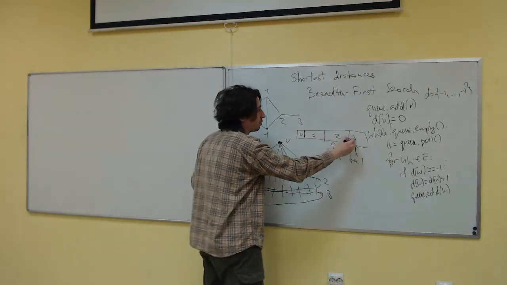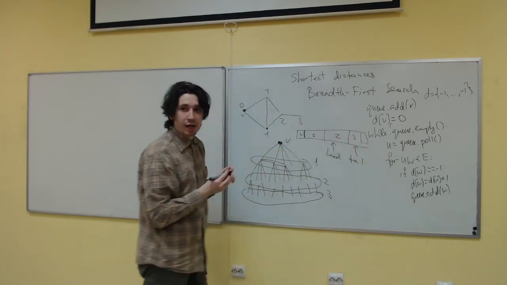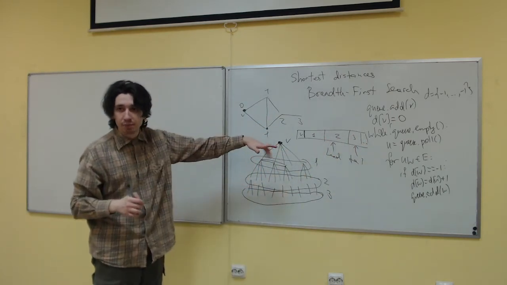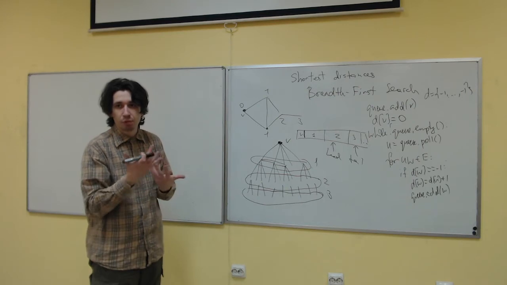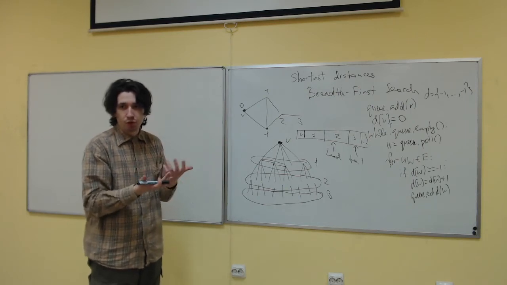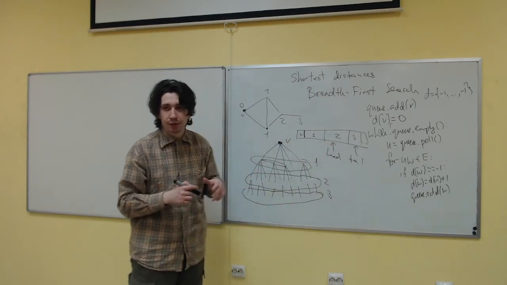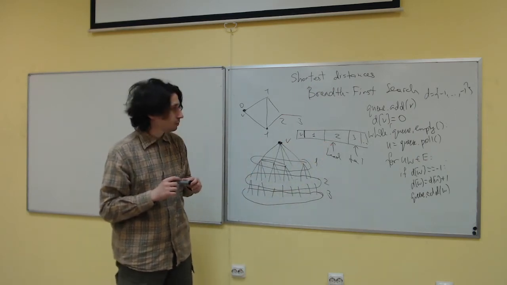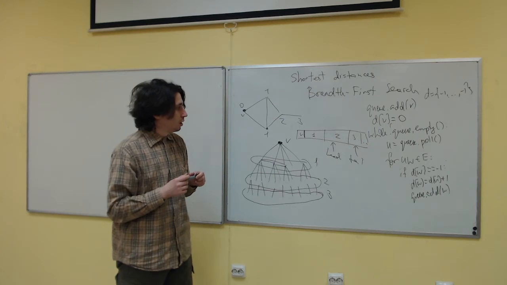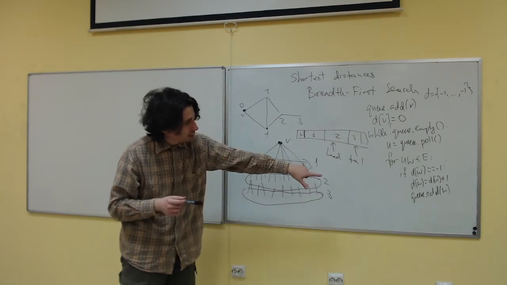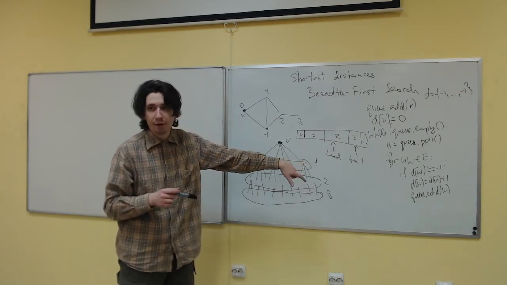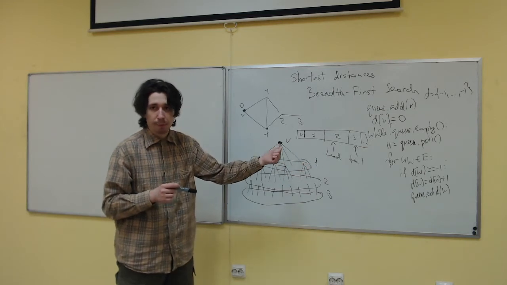Then 2, then 3, and so on. So this is kind of the frontiers, but in a little bit more skewed way. You don't know exactly what the frontiers are, but you emulate the frontiers in some sense. And that is why in du you will have the distance from the vertex v.